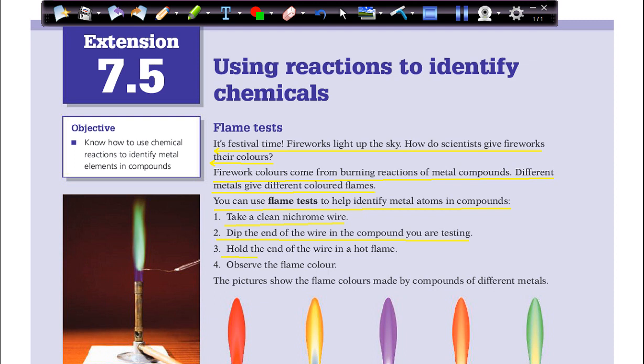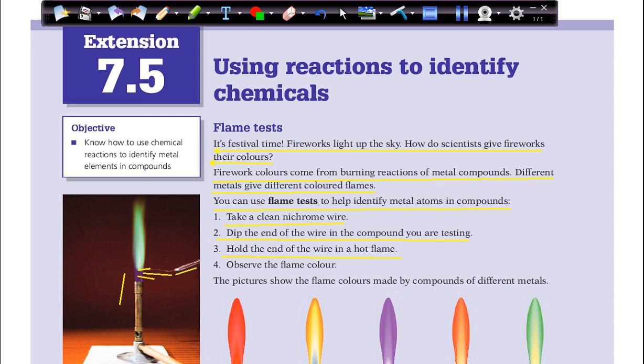Then we hold the end of the wire in a hot flame. As you can see here, they are holding it with a clamp or tweezers, and we can just put the end of it in the flame.